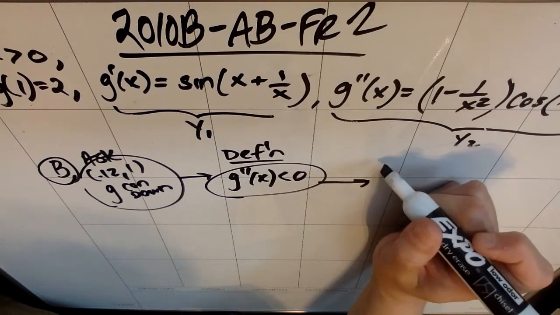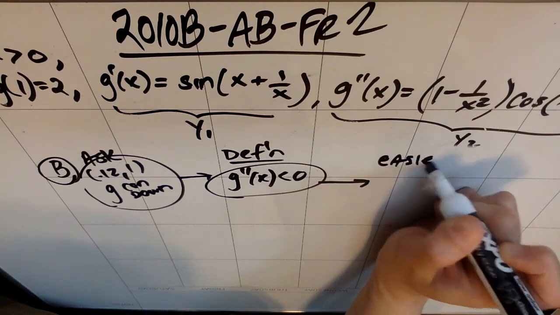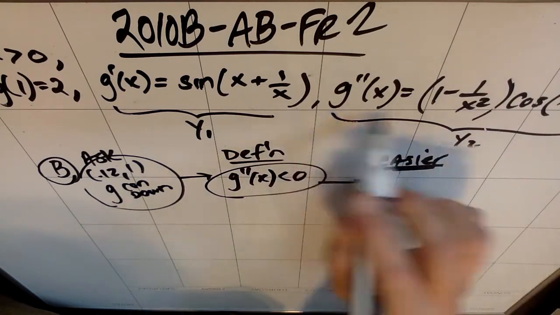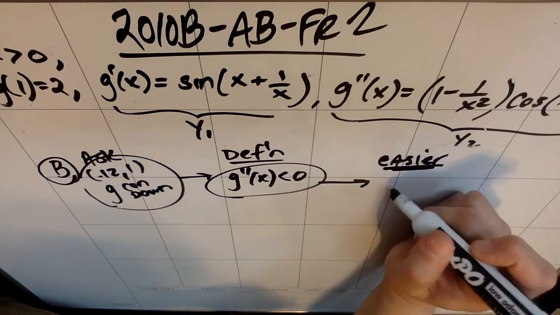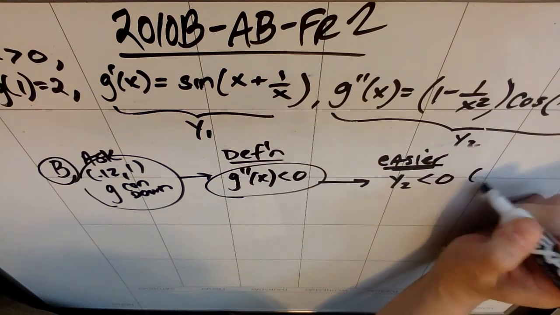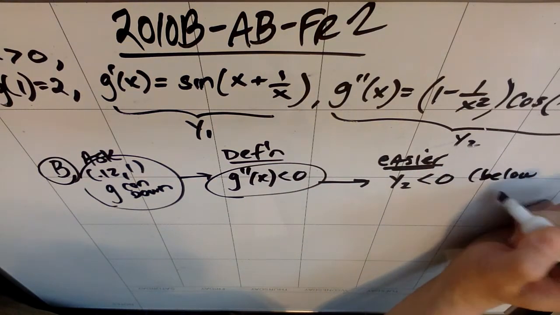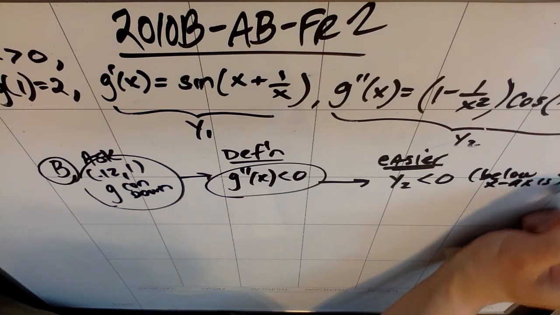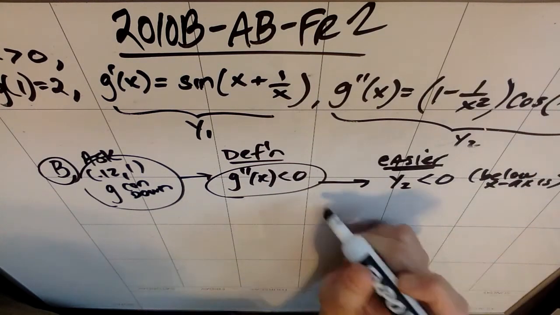So the easier option in this case is because you have g double prime and it's already in as your y2, you could just put your y2 in and see when it is below the x-axis. Right? That's the easier option here. You could use second calc 0 and see when it's below the axis.